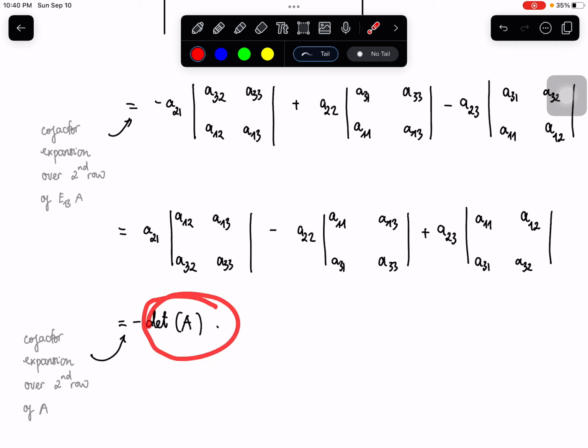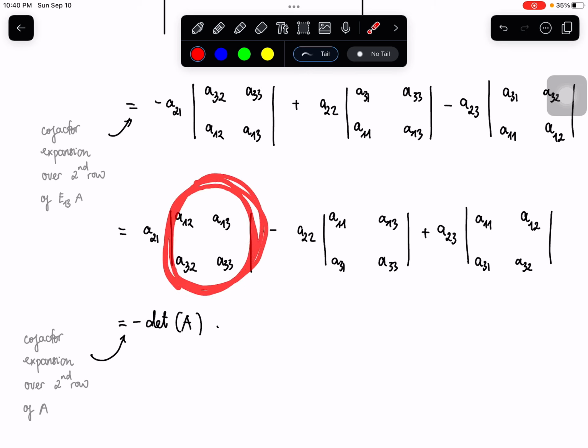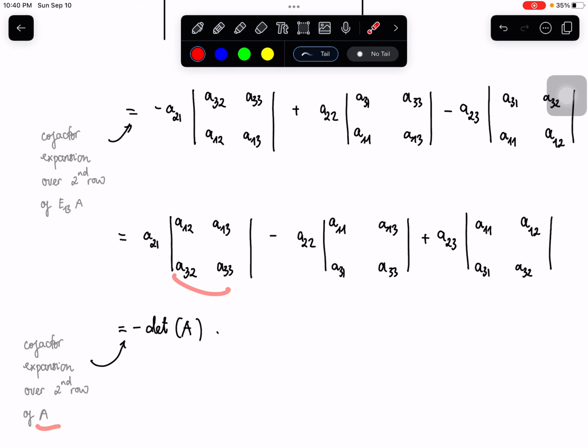I repeat, this is because the determinant of A equals minus this quantity. This is cofactor expansion over the second row, because everything here is just A21 times minus big A21. Big A21 is a cofactor expansion over the second row of A. The same thing.